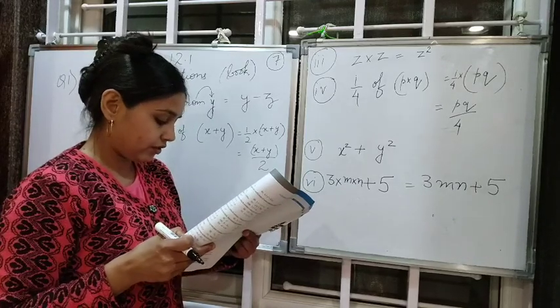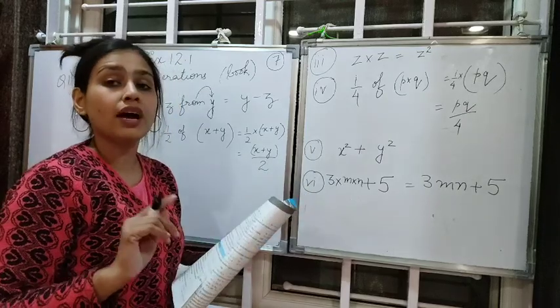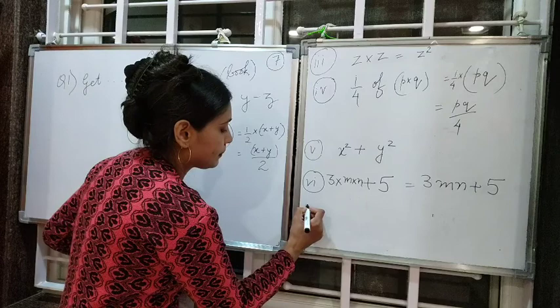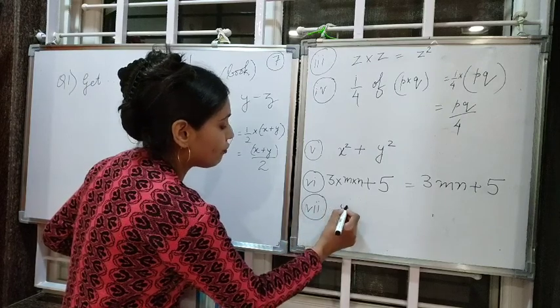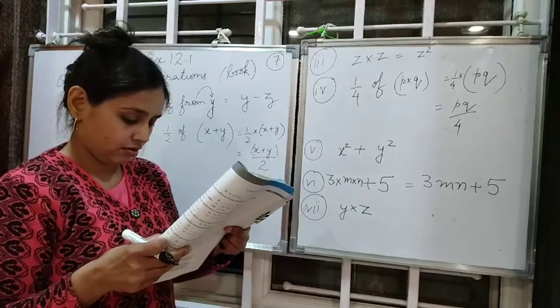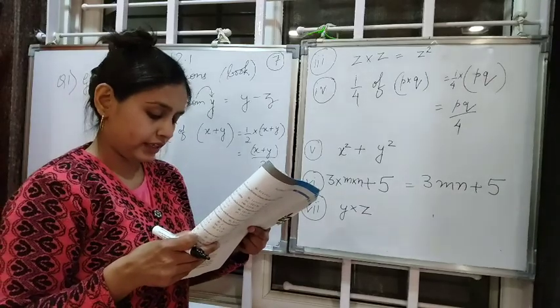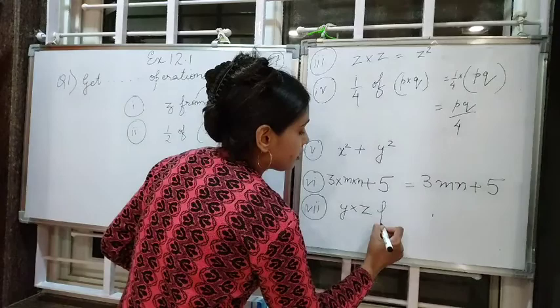Then we go to the seventh one. Product of numbers y and z. So product of y and z. Product of numbers y and z subtracted from 10.